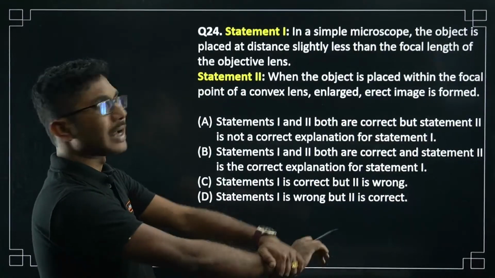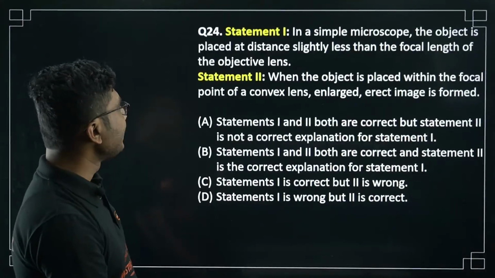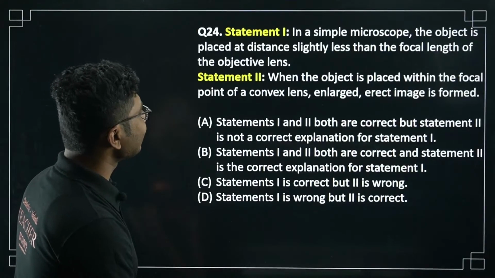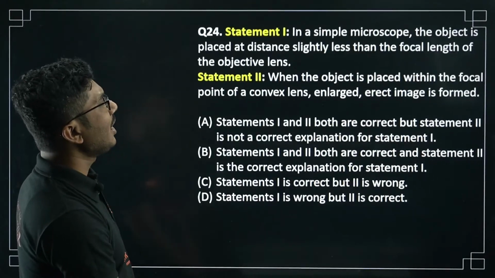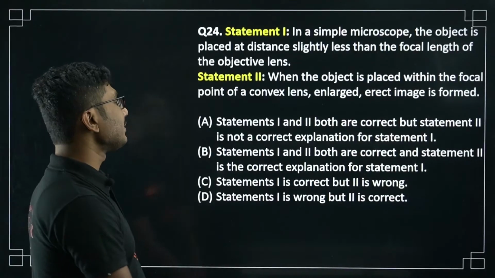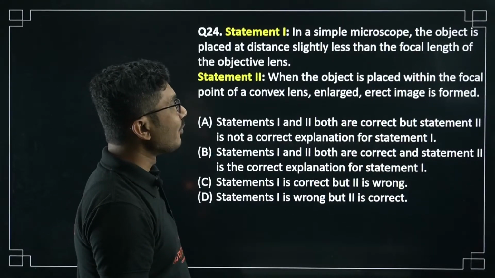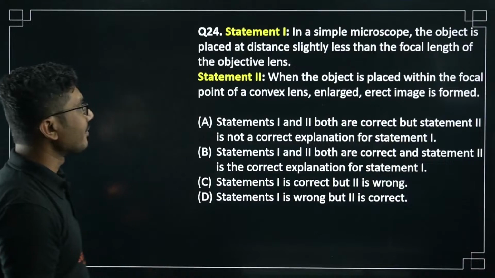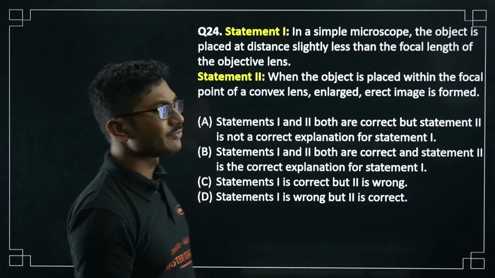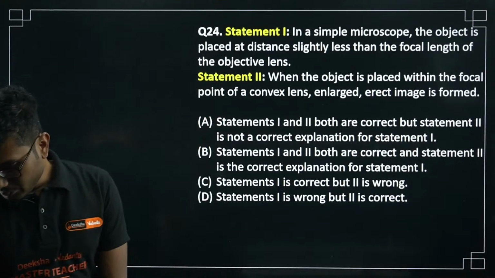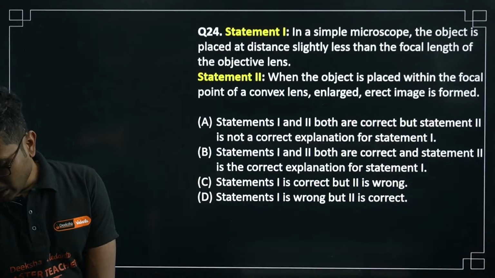In a simple microscope, the object is placed at a distance slightly less than the focal length of the lens. When the object is placed within the focal point of the convex lens, an enlarged erect image is formed. So 24B case.